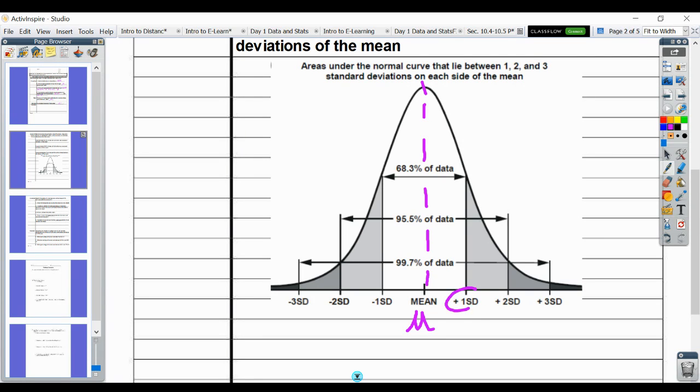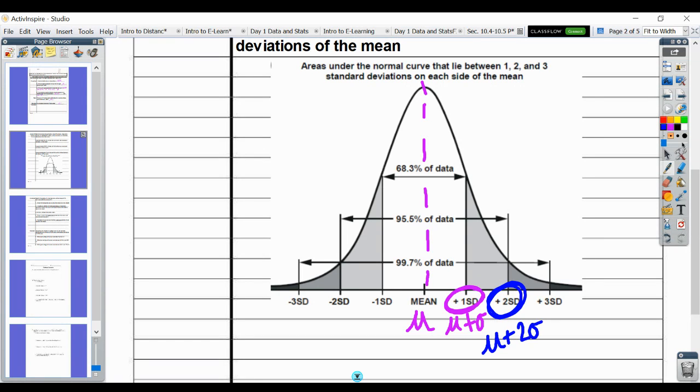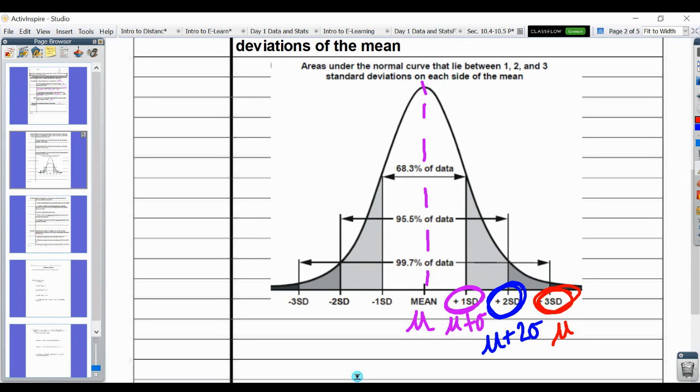So this point right here would be one standard deviation above, or mu plus sigma. And then here, this would be the same thing as mu plus 2 sigma. And then here would be mu plus 3 sigma.